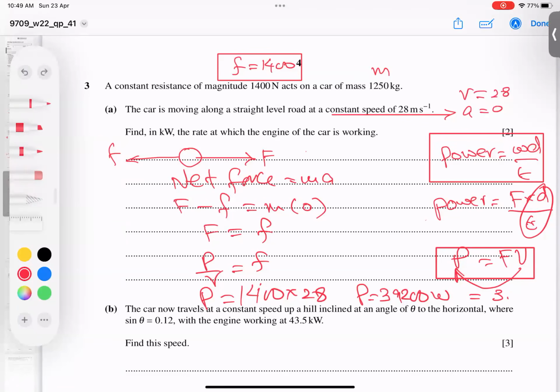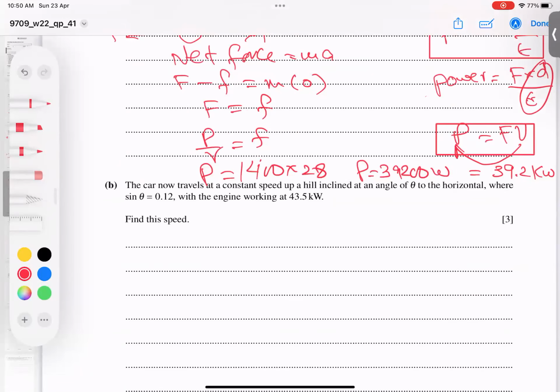So three jumps, so kilowatt. I hope you got the idea very well. Sorry, 39 point, wait a minute, let me check. Yeah, 1400 times 28, 39.2, correct. So let's go for the next part.